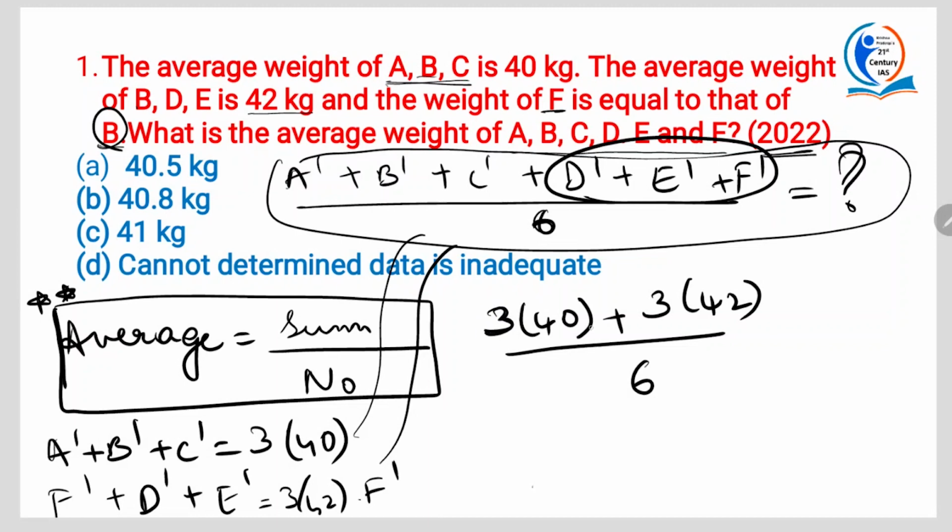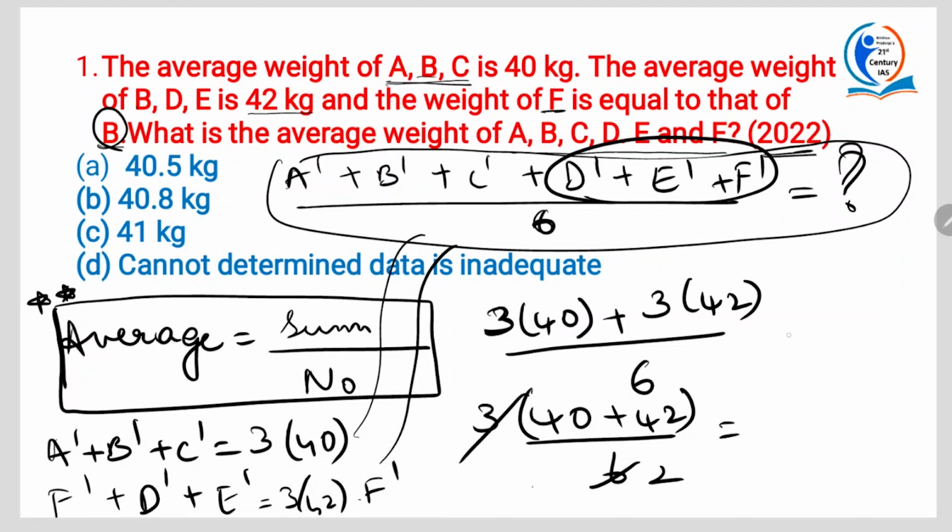Deliberately I didn't multiply, because you can take 3 common, no? 3 common, and 40 plus 42 by 6. 3 ones are 3, 3 twos are 6, and it is 82 by 2. That is 41 kgs. Okay, you got my point?